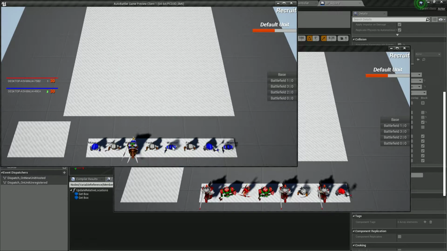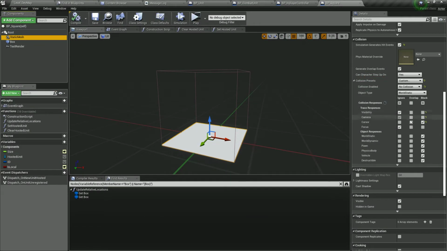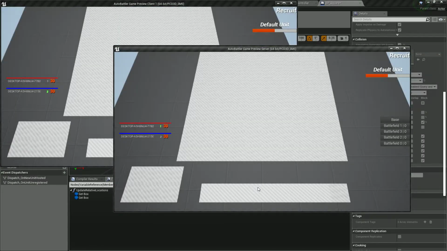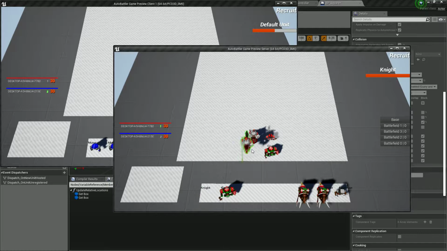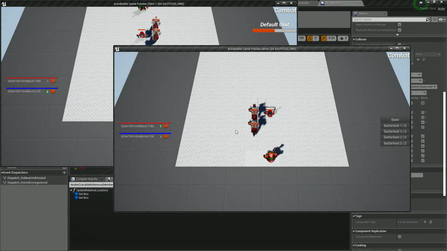But it's still not working. So I wonder why. Okay, collision enabled. Yeah, so it's working. It was the only thing we had to do. So we can focus our units. That's fine. But we can no longer focus stuff here.